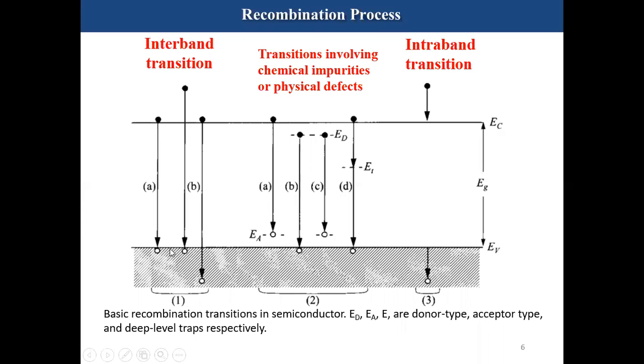The transitions can involve chemical impurities or physical defects. So defect centers can actually work as recombination centers. And there is also intra-band transition. Within the band, you can also have transitions.